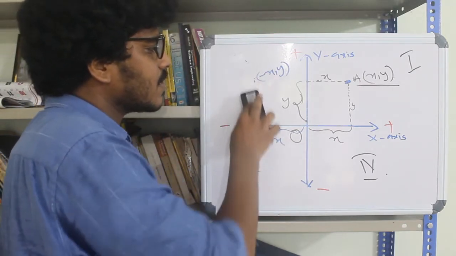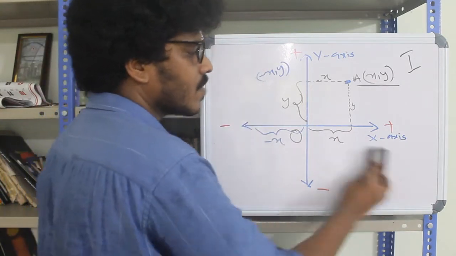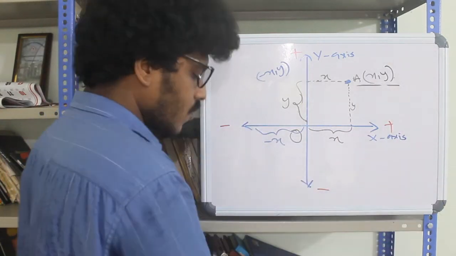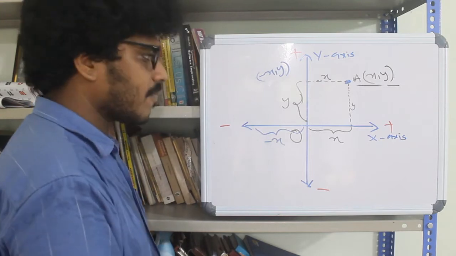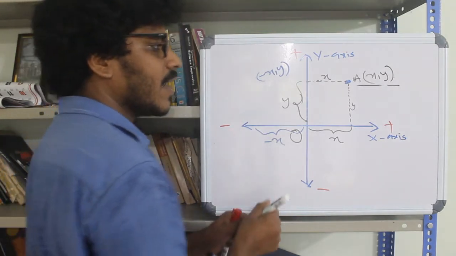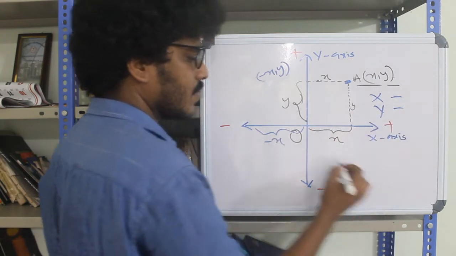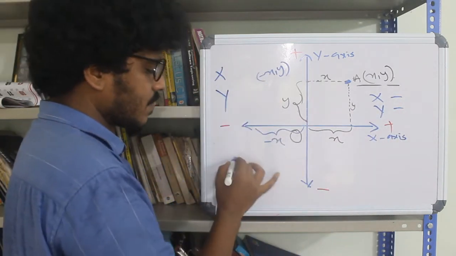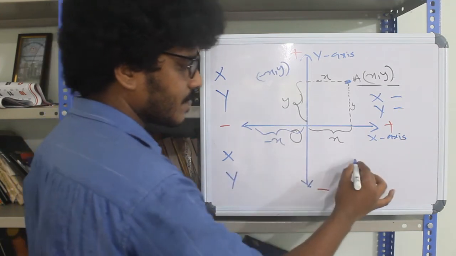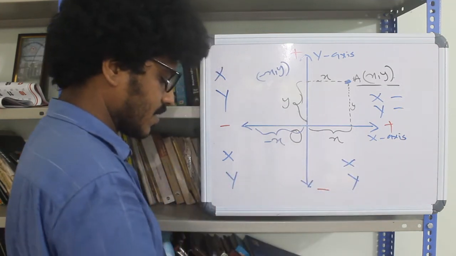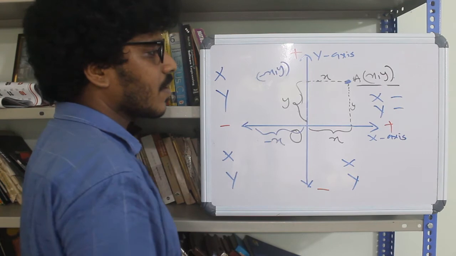Let's again check something. What could be the sign of x and y in these quadrants? In the first quadrant, second quadrant, third quadrant, fourth quadrant.